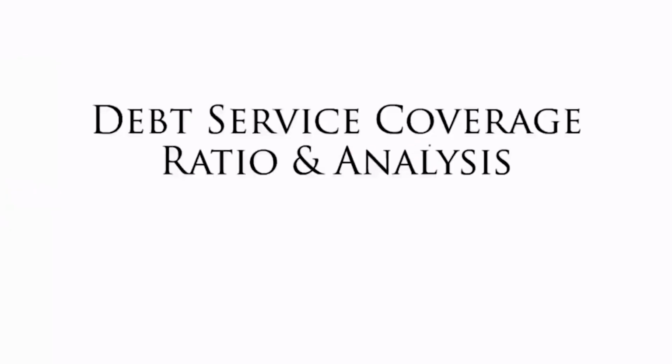Let's move on to debt service coverage ratio and an analysis. See, debt service coverage ratio is a ratio which is going to measure the repayment capacity of the borrower. So how is this repayment capacity measured? We know it is debt service coverage ratio, but again that is divided into three.